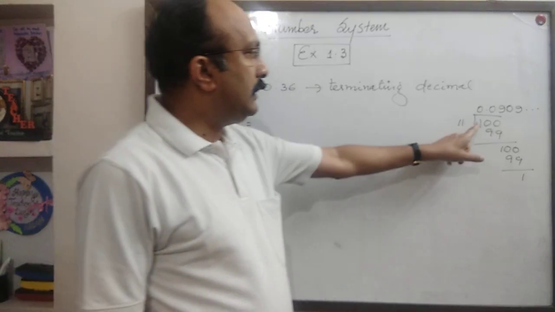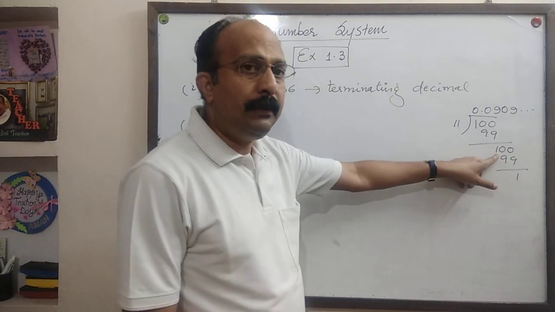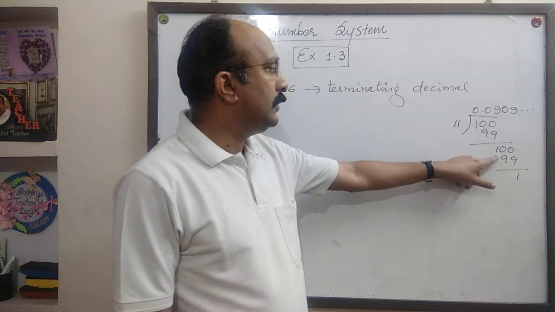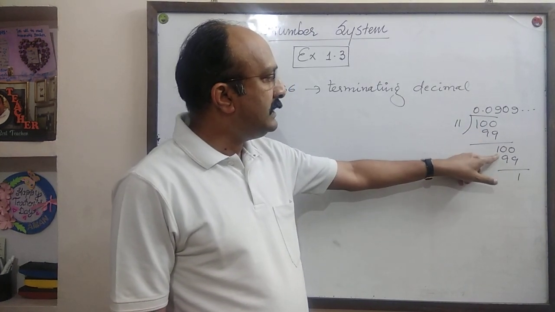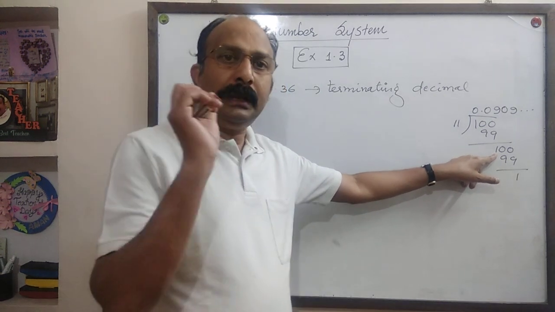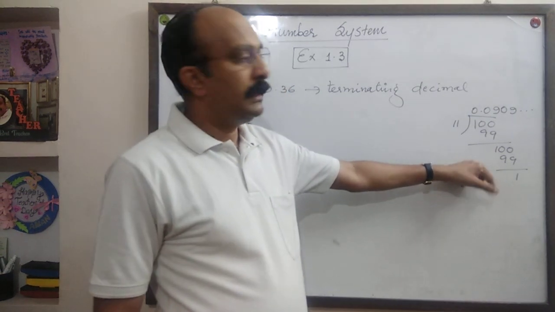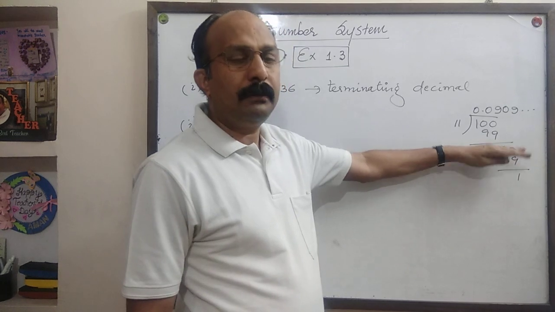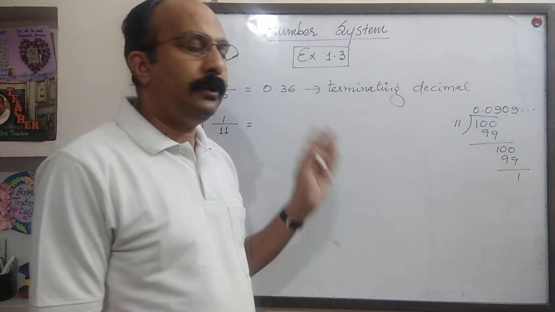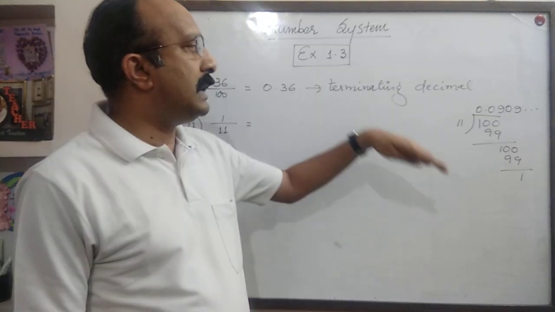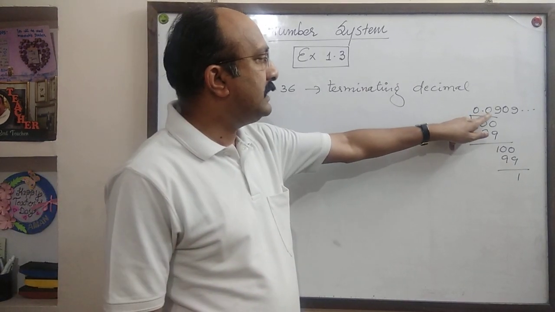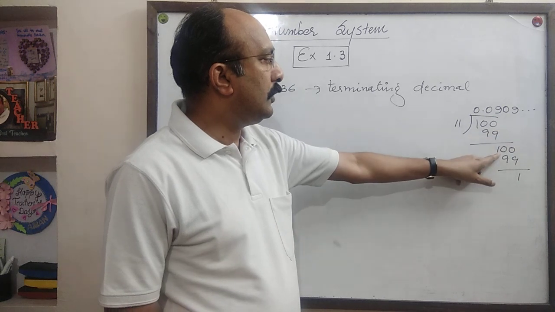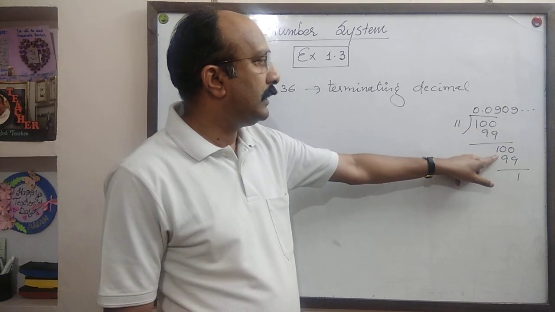Whenever you get the same remainder as above, you have to stop the division there. If the same remainder is repeated in any step of division, the division can be stopped because you are going to get the same answer as you got previously. For example, after 0.09, you got the same remainder 1 again.